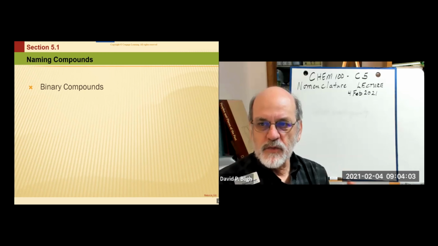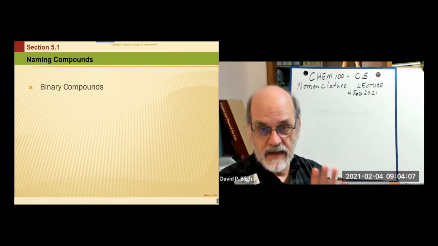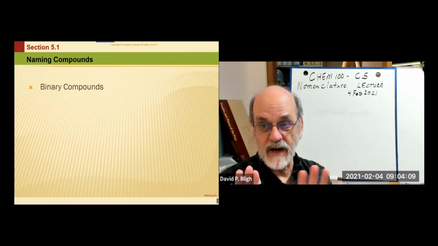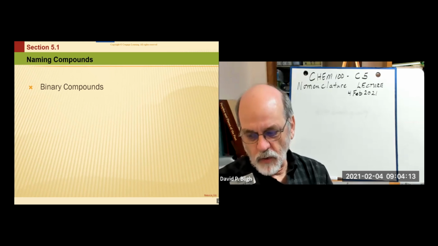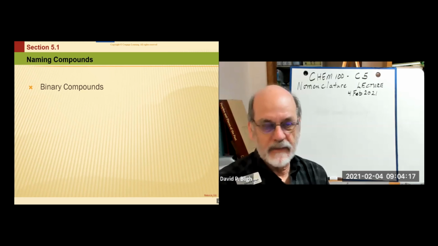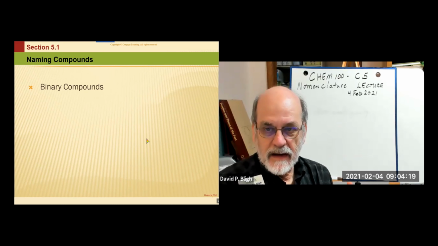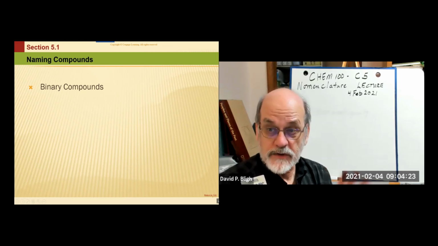It's that the two parts are ionic in nature. That is, they interact as complete ions. But of course, all compounds are not ionic. And we'll discuss that in some later chapters. But this is where we start.